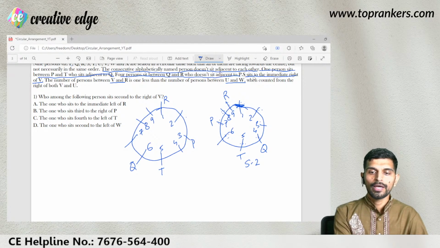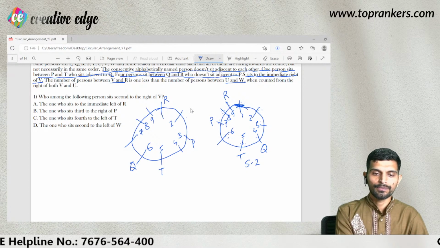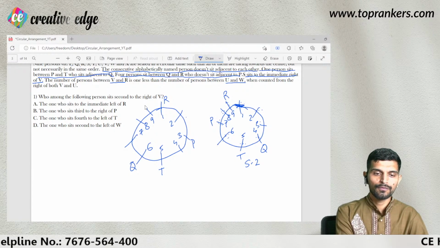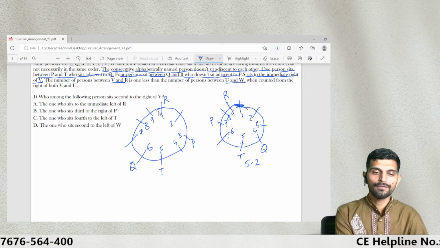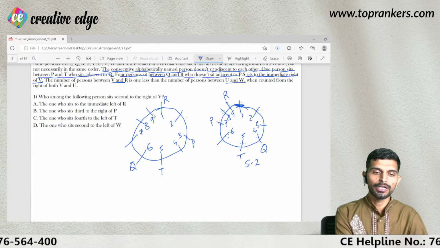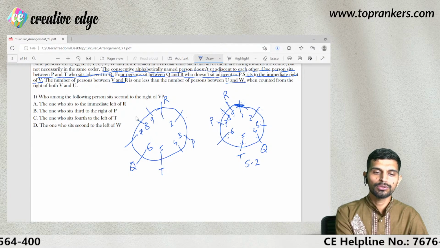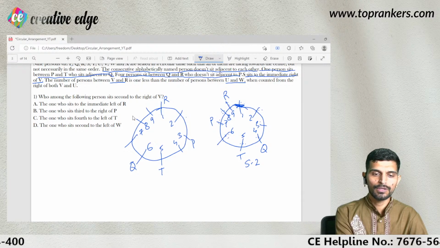Now, S sits immediate right of V. V, S. V can be at 8, 9. But if that is the case, we'll have 7 persons seated between V and R. So U and W, that is not possible. So I should place V here, S here. Right.